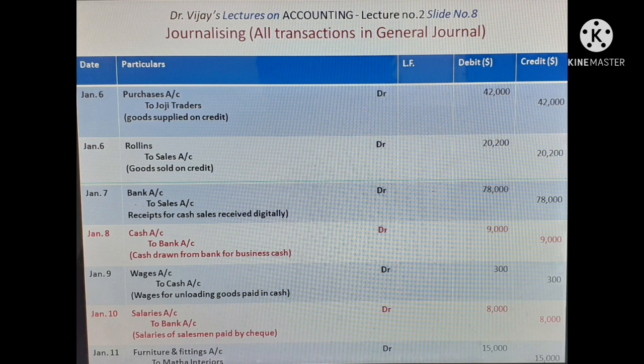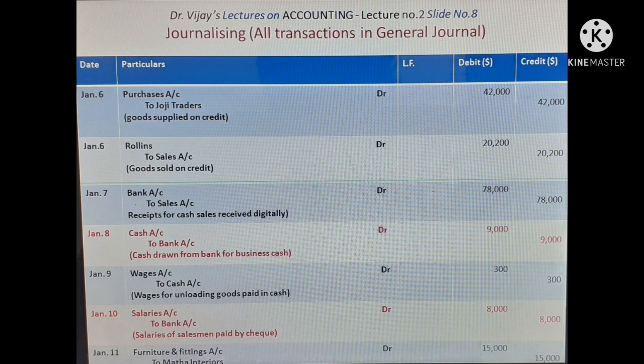In the debit column you have to show 42,000 against the account to be debited. In the credit column you have to show the amount 42,000 against the account to be credited, that is against Joji Traders. This is the format in which a journal entry is to be given.